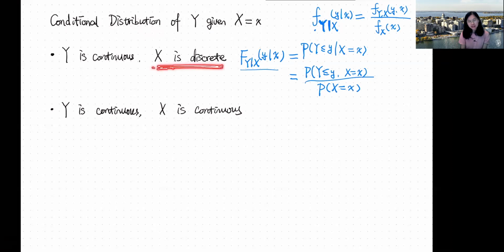The fact that X is discrete is important for this definition because otherwise the denominator would be 0. If X is continuous, this would be 0. Well, if X is discrete, the denominator is positive, then we are able to define the conditional CDF in this way, using this formula.